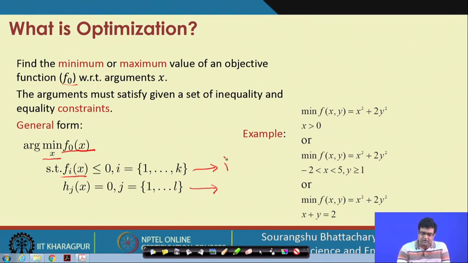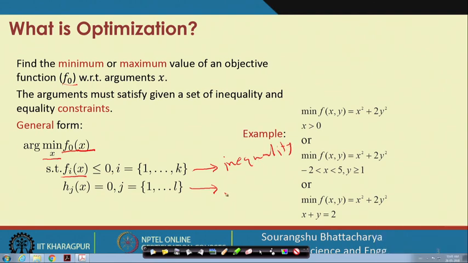So, these are inequality constraints and these are equality constraints. And this is also called the general form of an optimization problem.